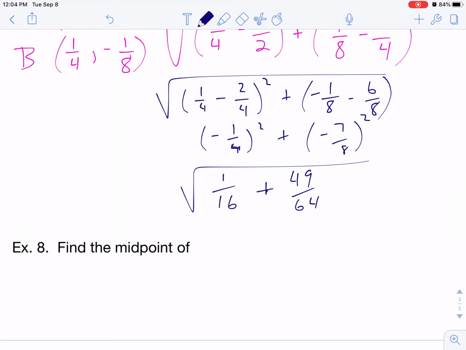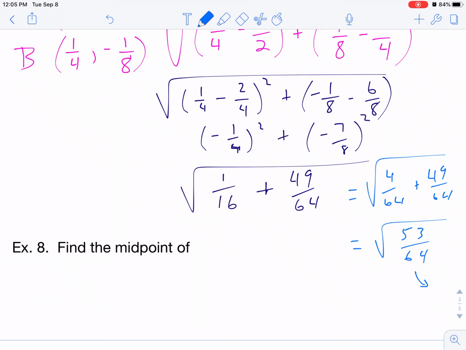Okay, if you want to keep doing fractions, that's fine. Now we have to have another common denominator. Well, luckily I didn't make it too difficult. This is going to be a common denominator of 64. So it's going to be 4/64 plus 49/64. That adds up to the square root of 53/64. And we could keep reducing that.